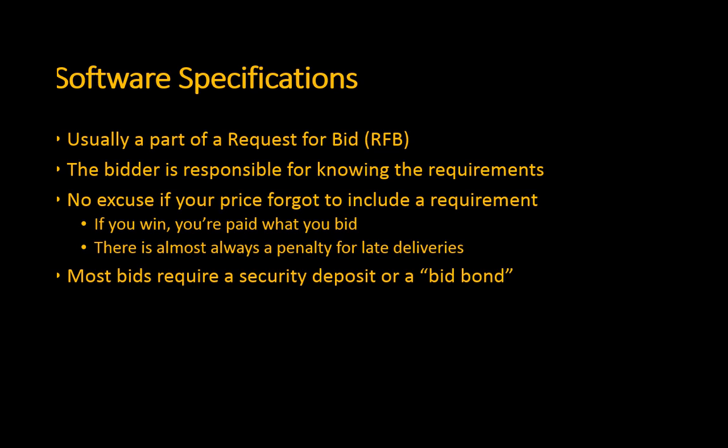In the particular contract that we're going to look at, late deliveries cost the contractor $100,000 a day. Now, most bids require a security deposit or what they might call a bid bond. And in this case, the bid bond was $100,000.